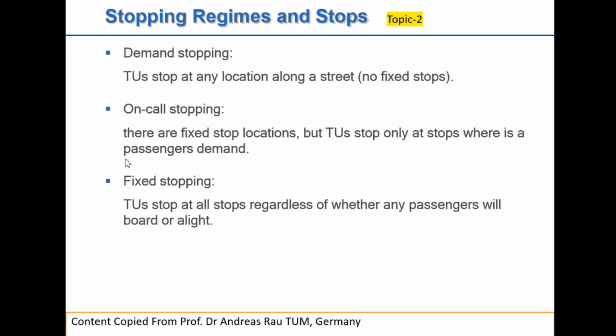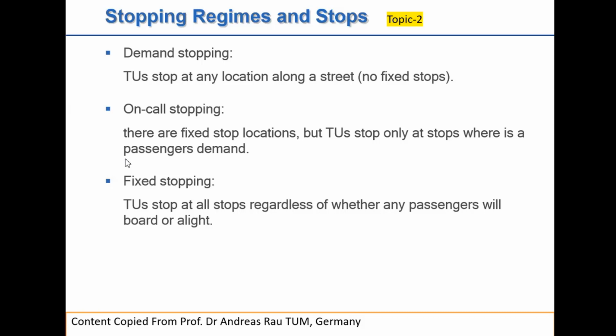In a fixed stop, the transit unit stops regardless of whether any passenger wants to board or alight, and it stays there for a fixed time, for example 15, 20, or 30 seconds, unless the driver pushes the door opening button, or an alert sign comes from the control station.